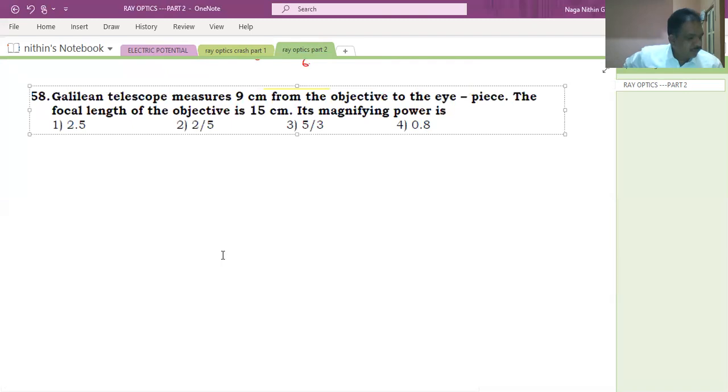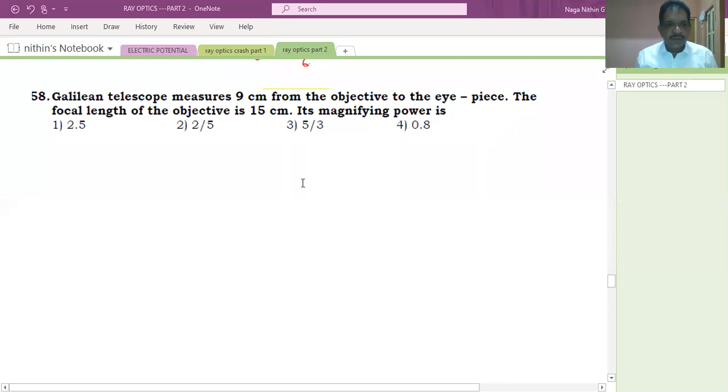So, L value, they gave it as 9 centimeter.